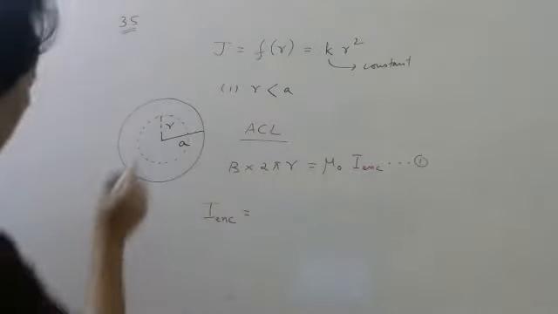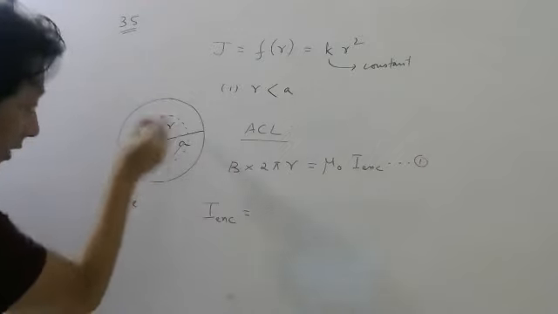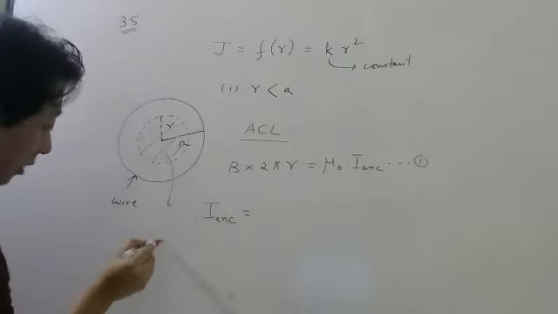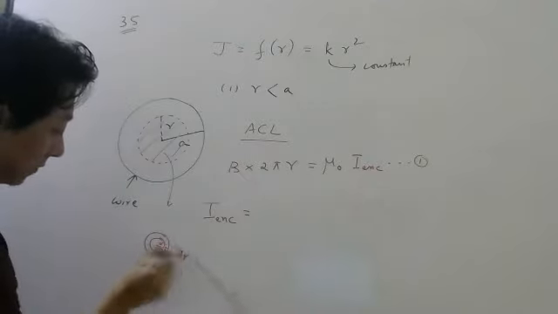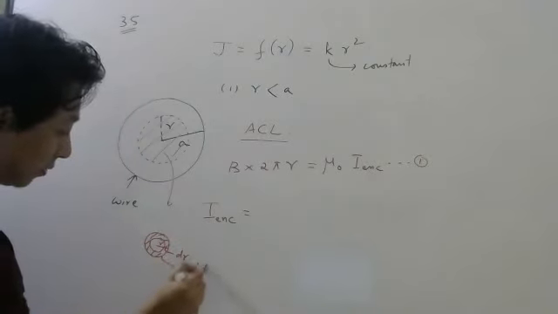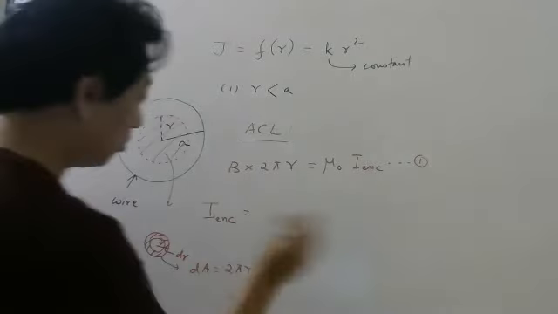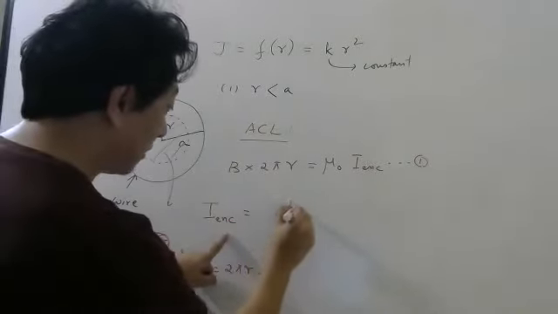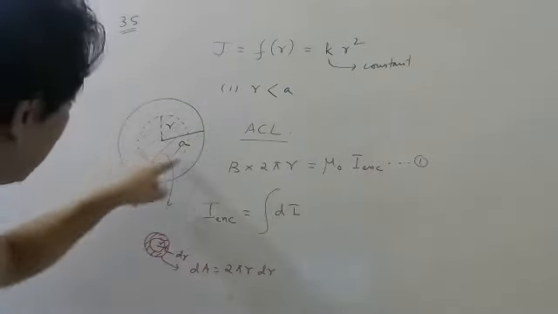What you do? I want the current in only this part. So within this part, you consider one small ring whose radius is r, thickness is dr. Then the area of this ring, the small area, will be 2 pi r into dr. So what you do is first find the small current, then you integrate to find the current inside this loop.